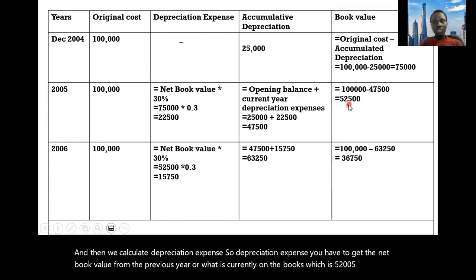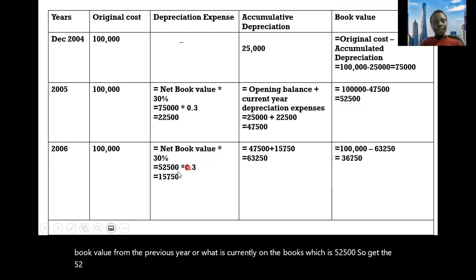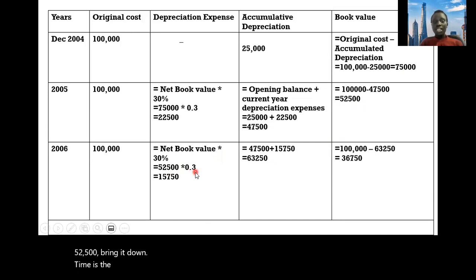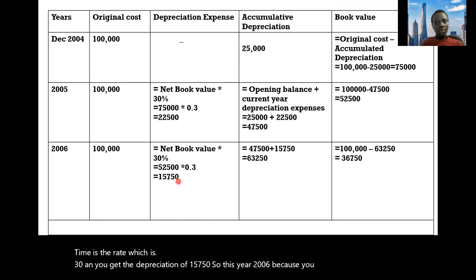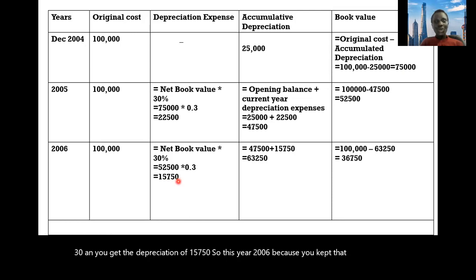Bring it down, times the rate, which is 30%, and you get the depreciation of 15,750. So this year, 2006, because you kept that automobile, it is going to depreciate by 15,750.